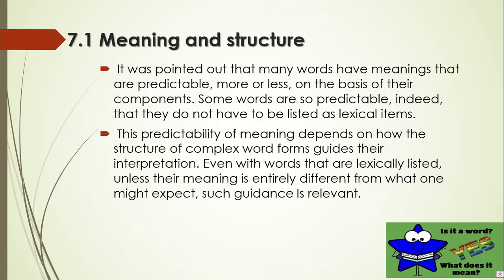This predictability of meaning depends on how the structure of complex words guides their interpretation, even with words that are lexically listed, unless their meaning is entirely different from what you might expect. Such guidance is relevant.